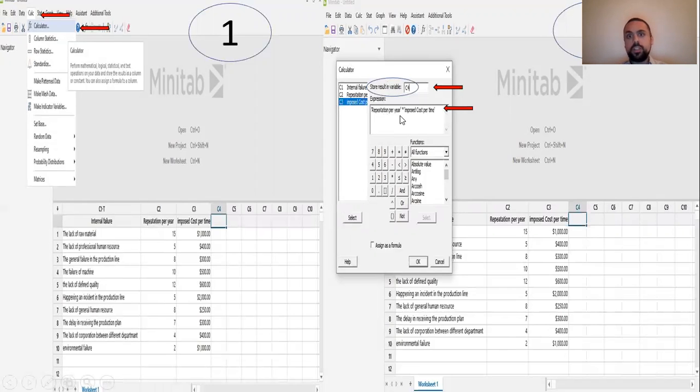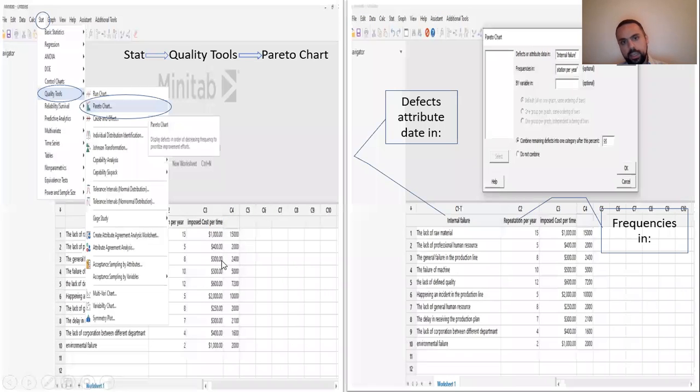It means repetition per year. I select it. And after that, I select the multiplication function from the keyboard. And after that, again, I select the second variable and click OK. As you can see in C4, the total cost for each failure has appeared.